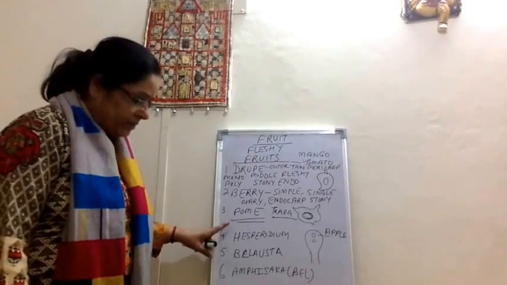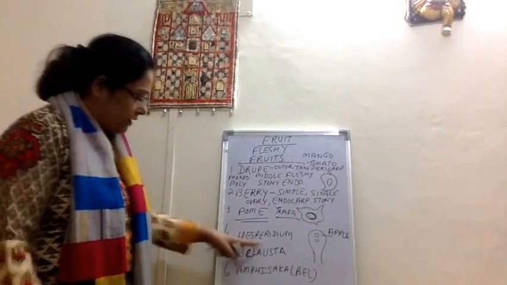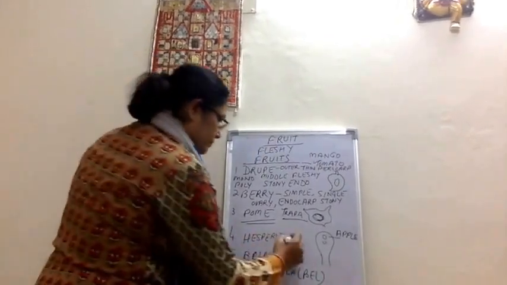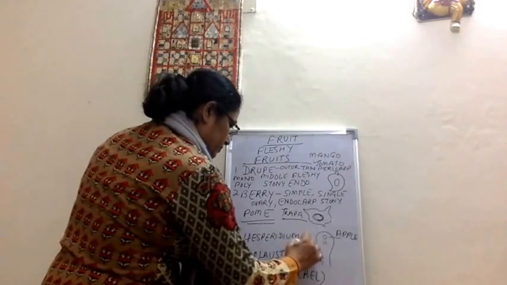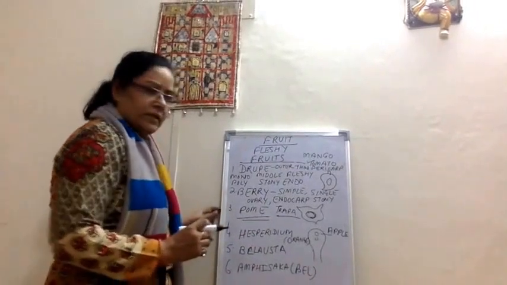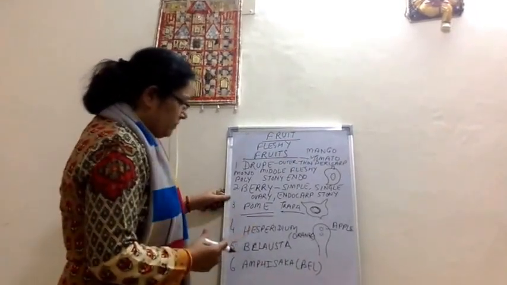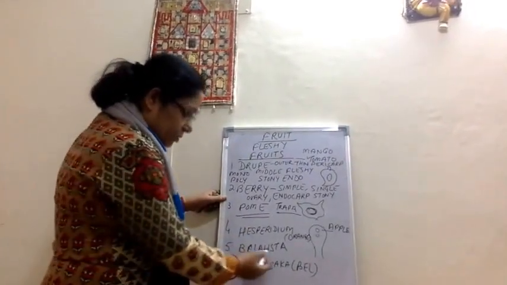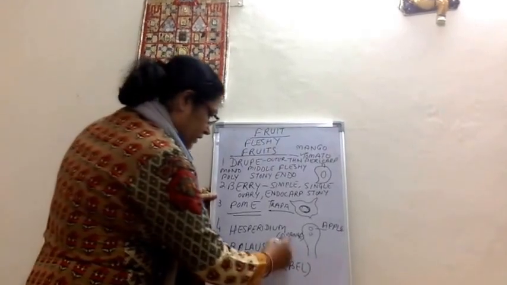Hesperidium, as in orange, that is fleshy. And balausta in pomegranate.